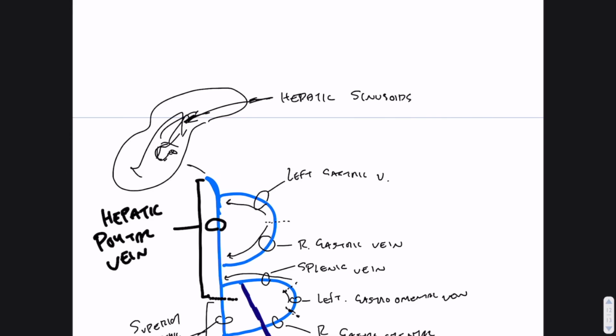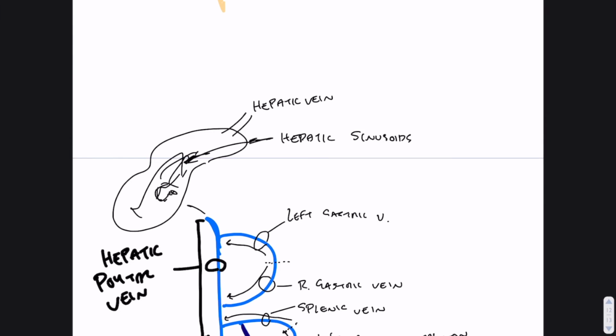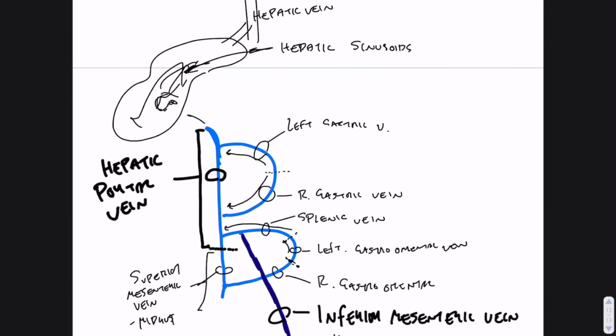Hepatic sinusoids are the capillaries of the liver. So the hepatic portal vein turns into hepatic sinusoids, and then the liver is drained by a vein called the hepatic vein, which is going to drain into the inferior vena cava. So that's just kind of an overview of the venous drainage.